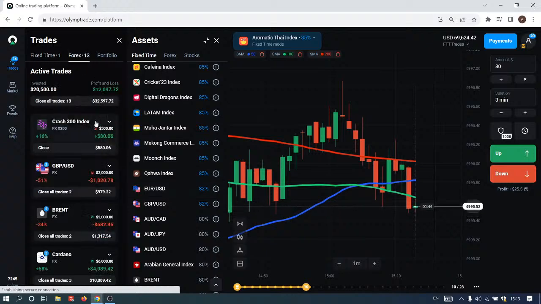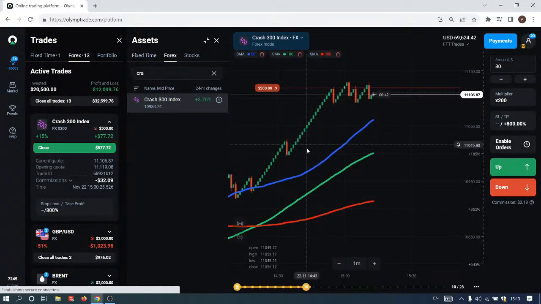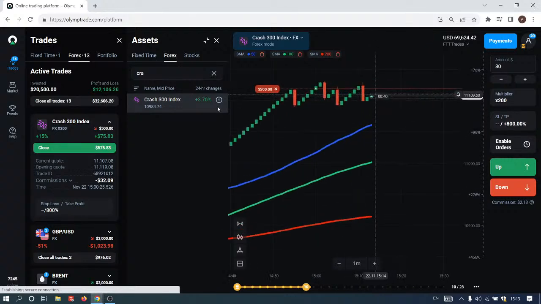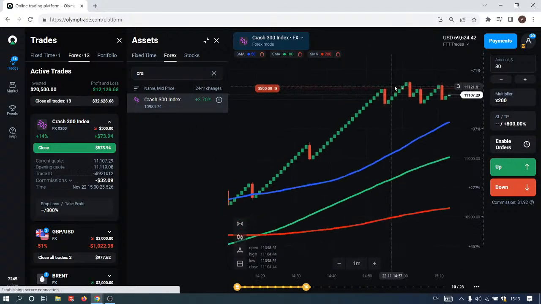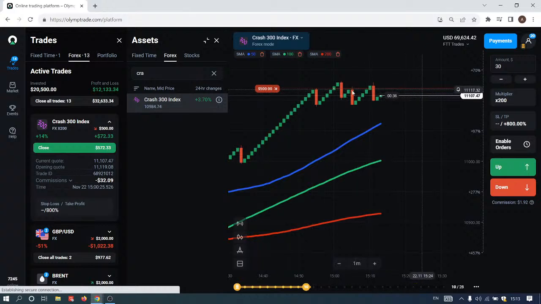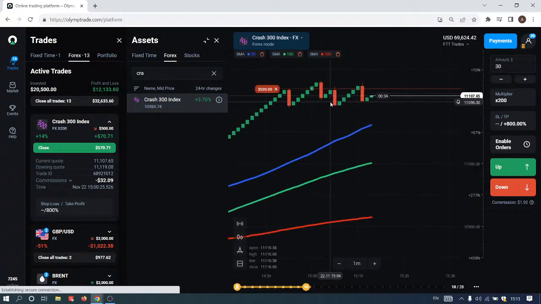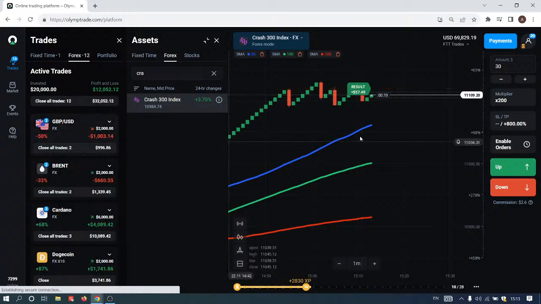Voila. And going back to Crash 300, guys, look, this index has this multiple top. So as I said, it's possible, you can also do scalping, right? After each crash, you can easily close your down trade, your profitable one like this one, and that's it.